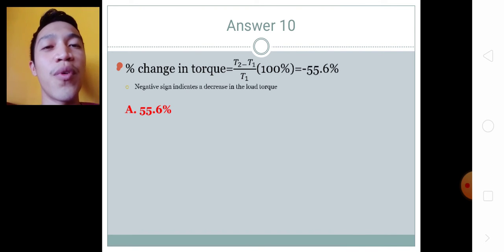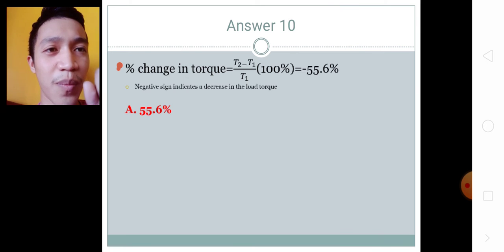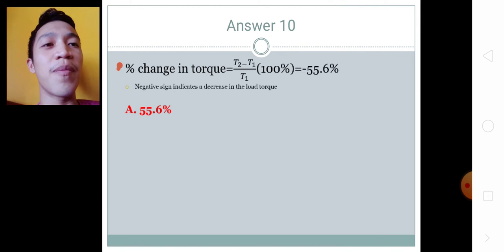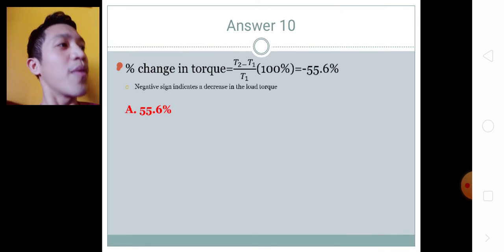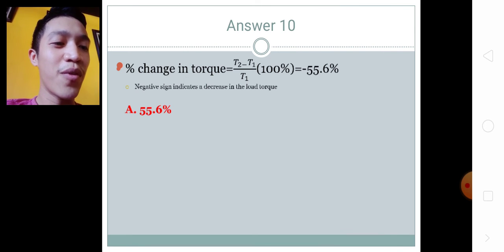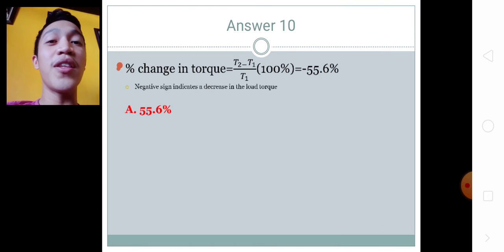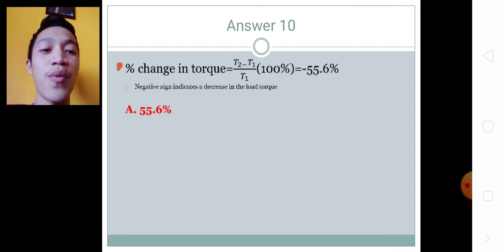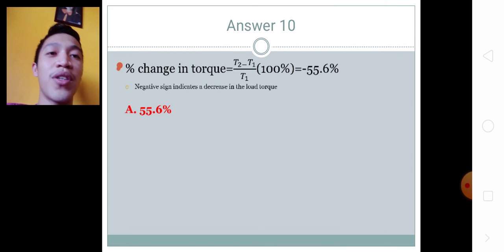Then 0.444 minus 1 is negative 0.556 over T1 divided by 1.